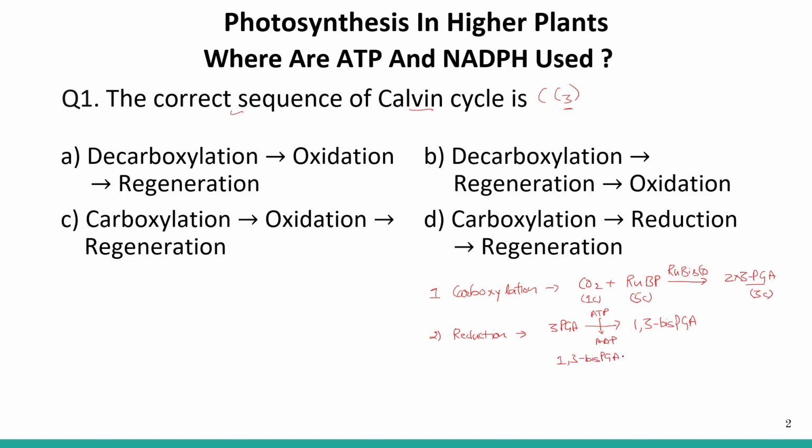Next, the 1,3-bisphosphoglyceric acid which is produced, this phase is known as reduction. Reduction is going on here. The acetic group is converted finally into the aldehyde group. 1,3-bisphosphoglyceric acid is converted into 3-phosphoglyceraldehyde.